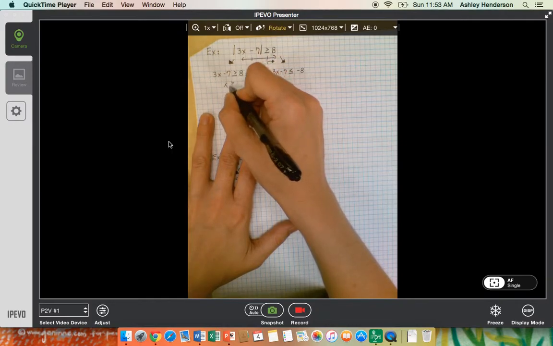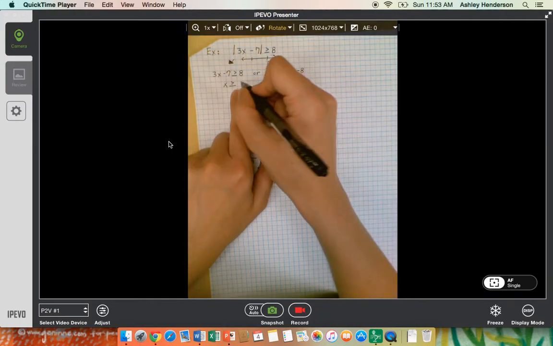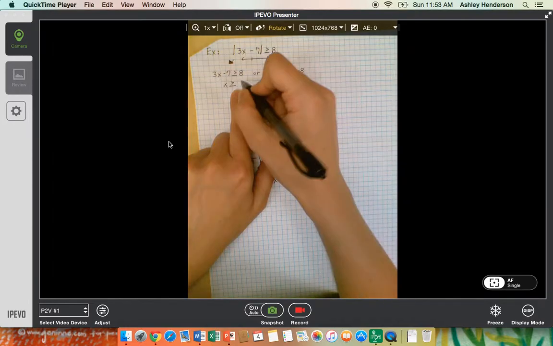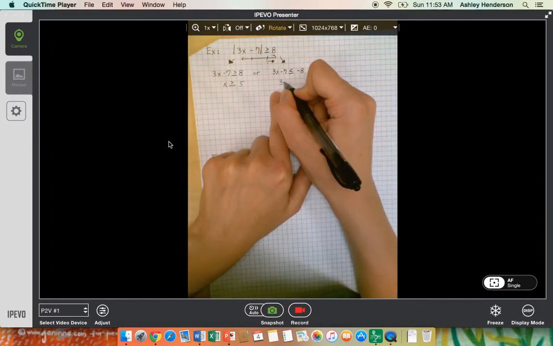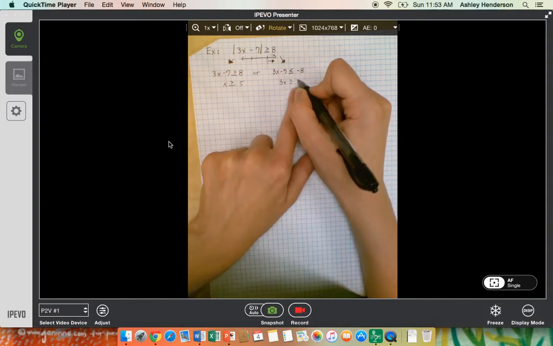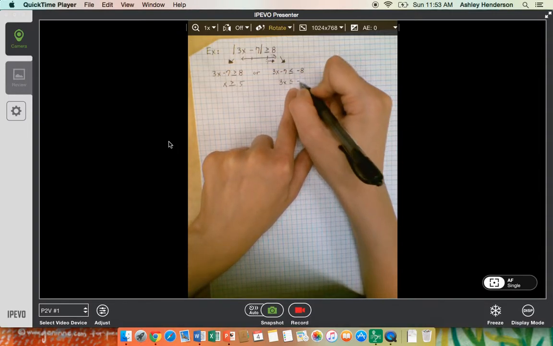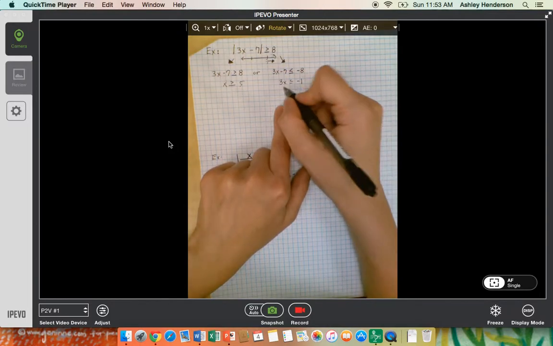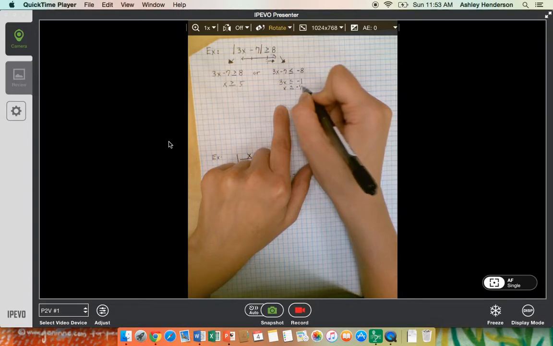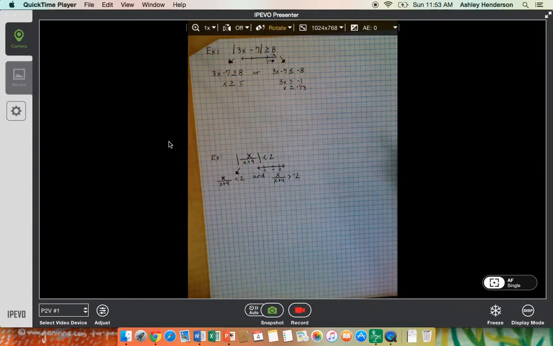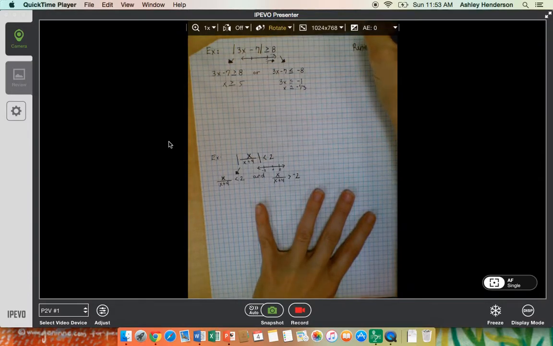X is greater than or equal to, I think, 5 is what it works out to be. And then 3x is equal to -1, so x is -1/3.